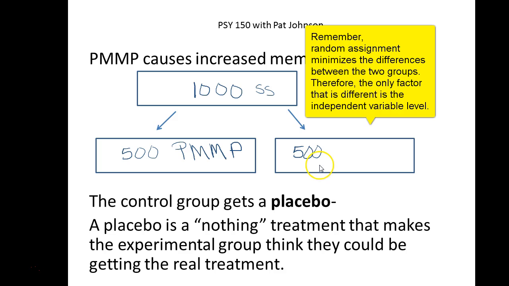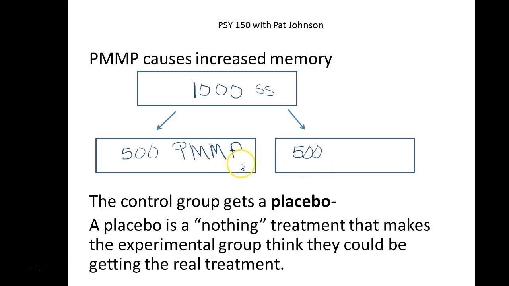Well, if a subject gets nothing, they know they obviously didn't get the treatment. So we need to give them something to make them think that they might have gotten the actual treatment, and that's called a placebo. So our control group is going to get a placebo. A placebo is a nothing treatment.